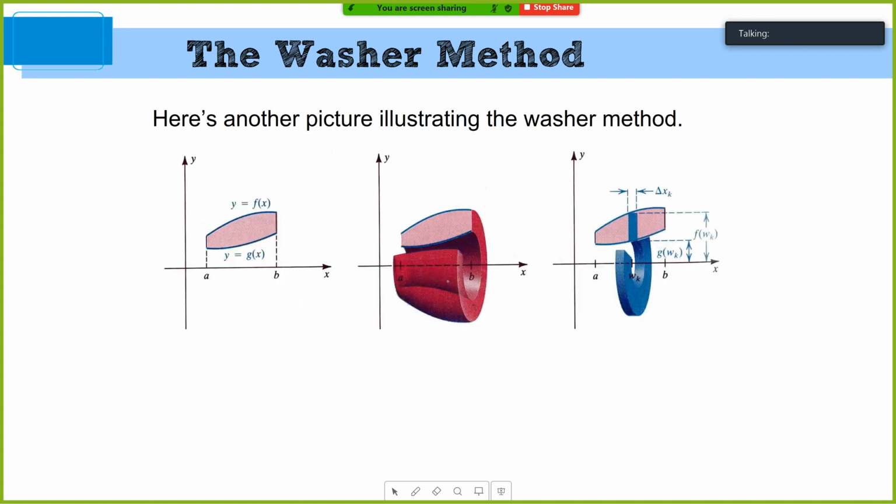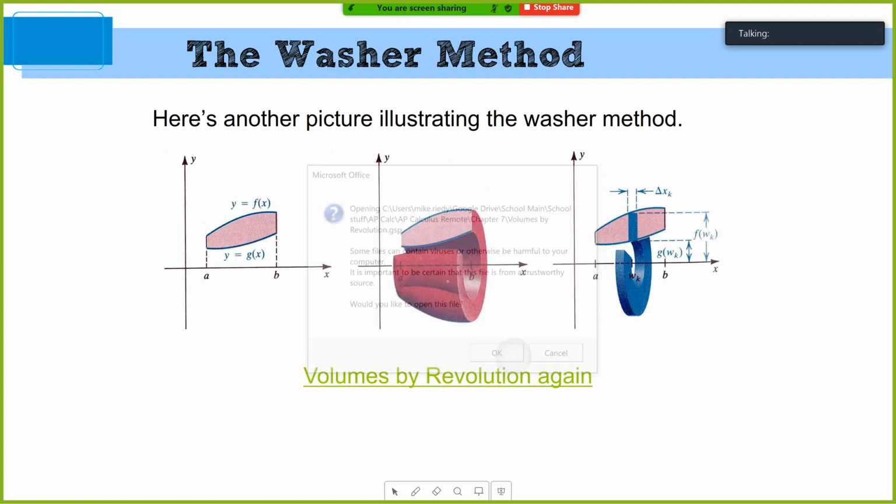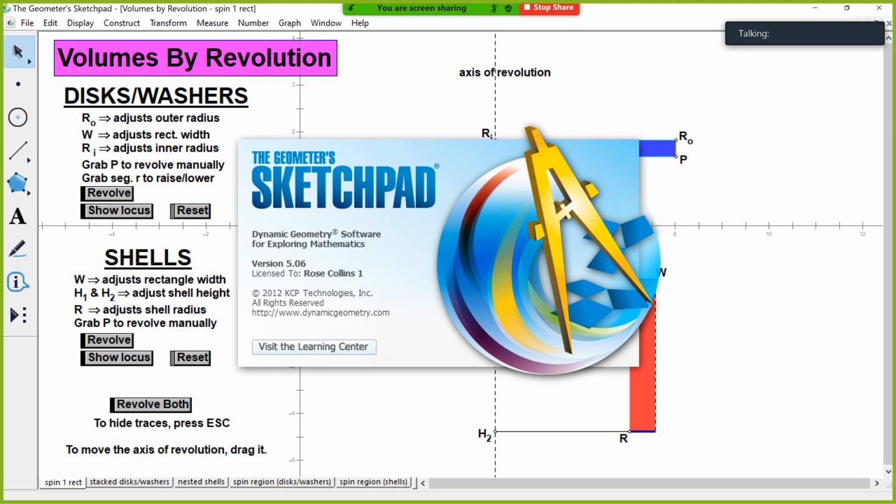Okay. More examples of the same thing. The first one on the left is the area between two functions that we did in 7.1. On the far right in blue is what happens when you revolve one of those representative rectangles to get a washer. And the center one is the solid that you're going to eventually find the volume of.